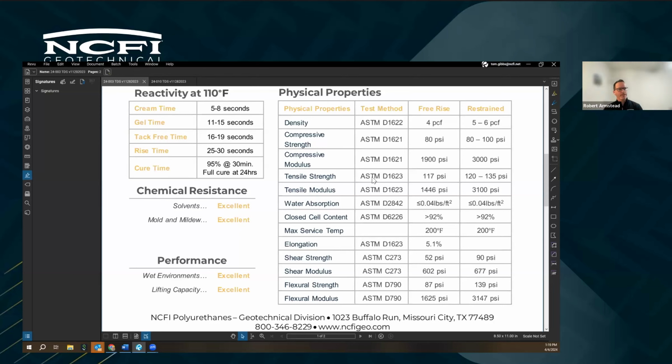Here's a question. Is it better to use single component or dual in the water table? It completely depends on the soils and the application. We can't lift with single components, so if it's a lifting job, that won't do us any good. If dual is the right system because of what you're trying to accomplish, then as long as you're using a hydrophobic system, you're in good shape.